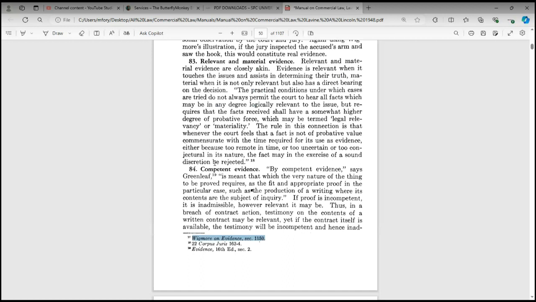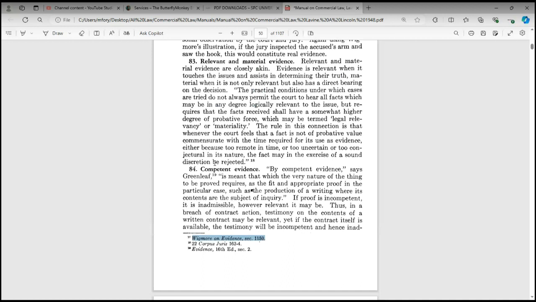Material when it is not only relevant, but also has a direct bearing on the decision. So evidence is relevant when it touches the issues and assists. And material when it's not only relevant, meaning it assists in determining the truth, but also has a direct bearing on the decision.